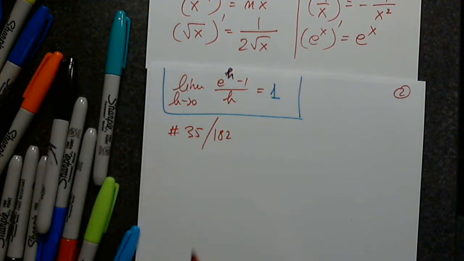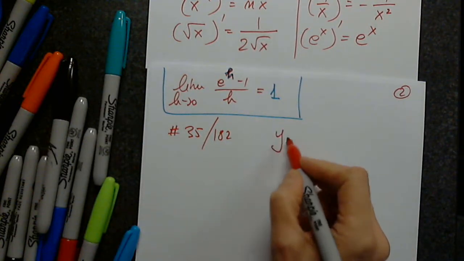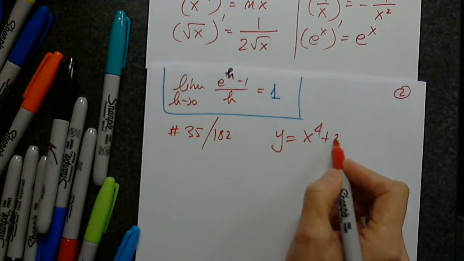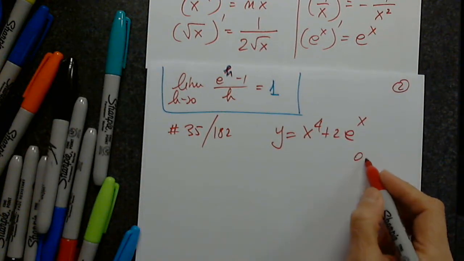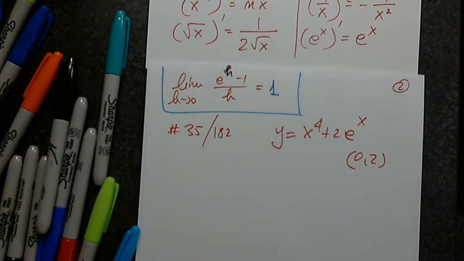On page 182, we're given a function which is y equals x to the 4th plus 2e to the x. And we are given an interval. Let's see what they are asking us to do. Find equations. This is not an interval, it's a point. Find equations of the tangent line and normal line to the curve at the given point.